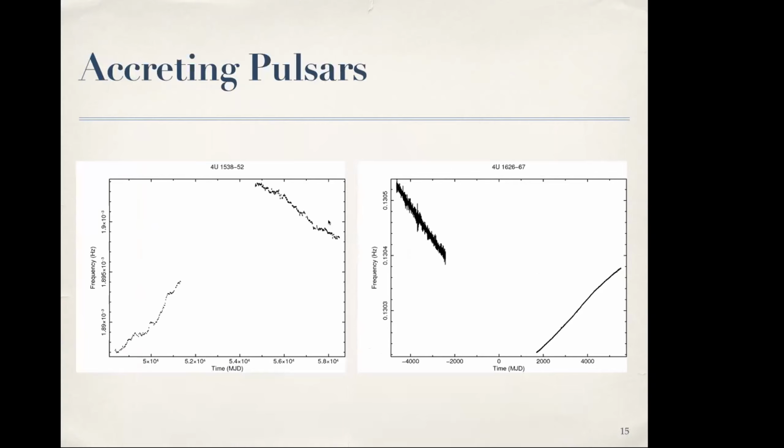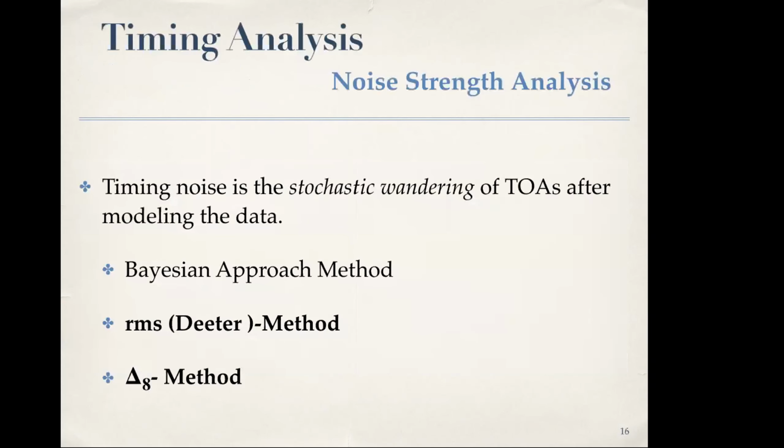Something to notice is that accretion-powered pulsars are observed very frequently, and their data span almost 10,000 days. Now that we have covered the frequency histories, we can jump into what we call the timing noise strength analysis.